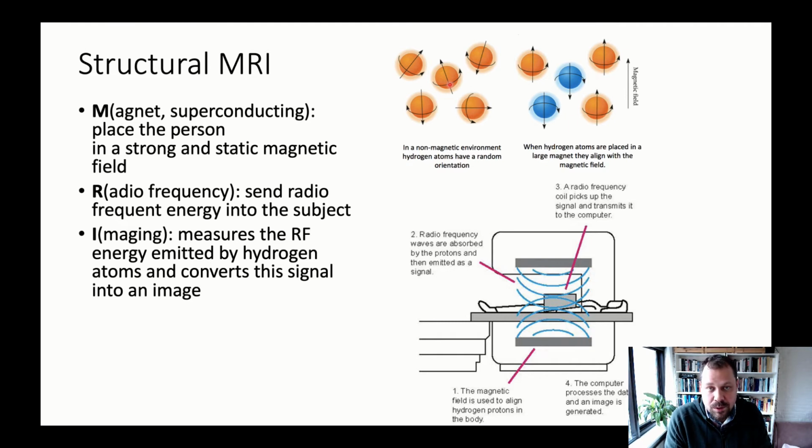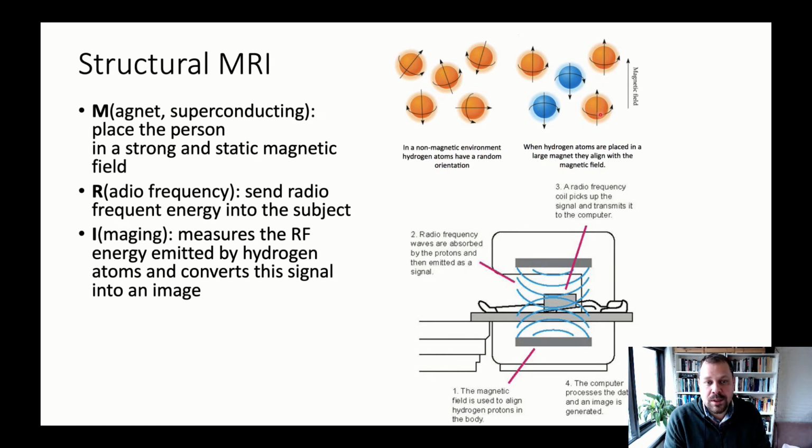So 70% of the body is made up of water. So we have a lot of these hydrogen atoms, and they spin in random directions. Now, when you place a person in a scanner, these hydrogen atoms align with the magnetic field. So if the direction of the magnetic field is upward, in the scanner it's actually horizontal, then what you'll find is that these hydrogen atoms within this magnetic field align in the direction of the magnetic field.